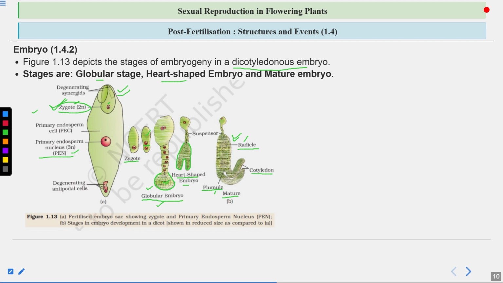And for this development, changing from one stage to another, they require a lot of energy, and that energy is provided by the endosperm. Now you can understand why the formation of endosperm is very, very important.